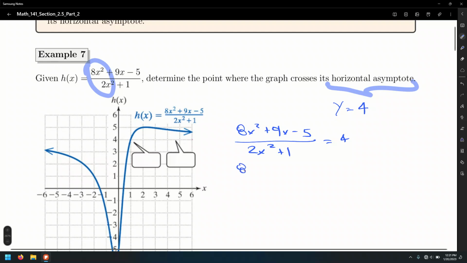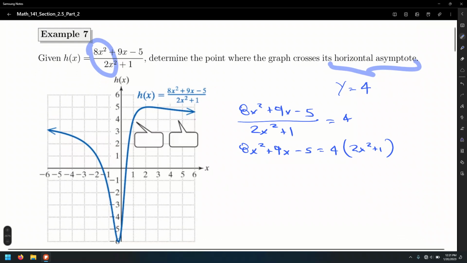That is 8x squared plus 9x minus 5 equals 4 times the quantity 2x squared plus 1. We have parentheses on the right-hand side, so let's distribute the coefficient. That is 8x squared plus 4. Notice in this case we can cancel the squared terms. That's going to leave us with 9x minus 5 equals 4.